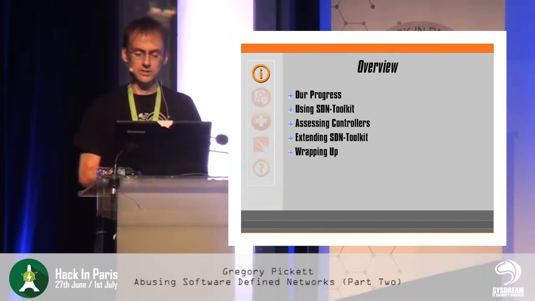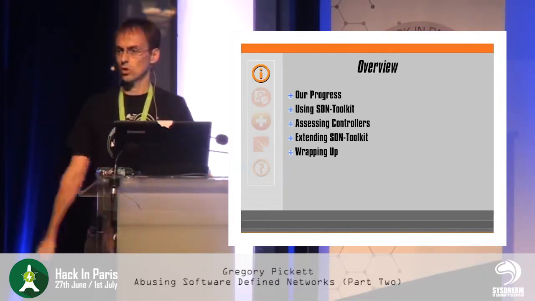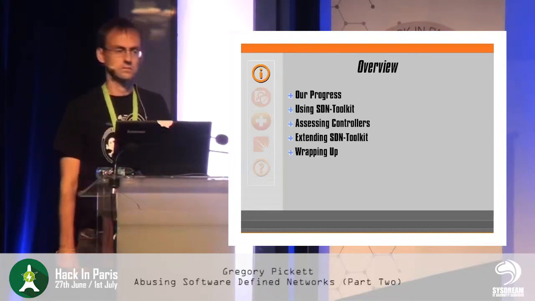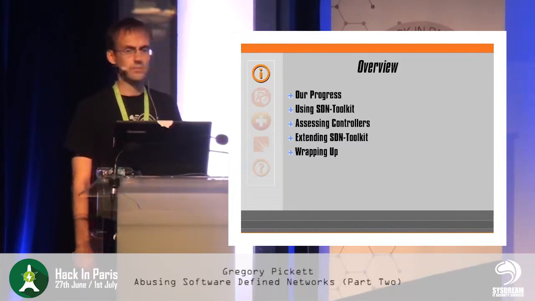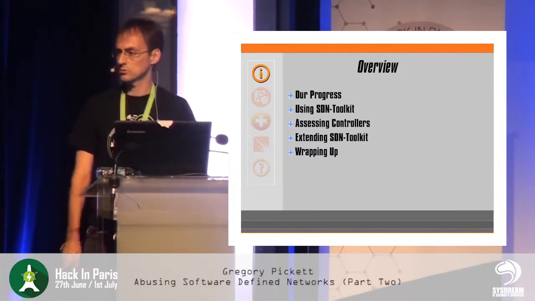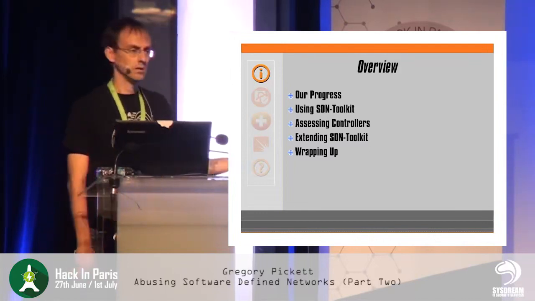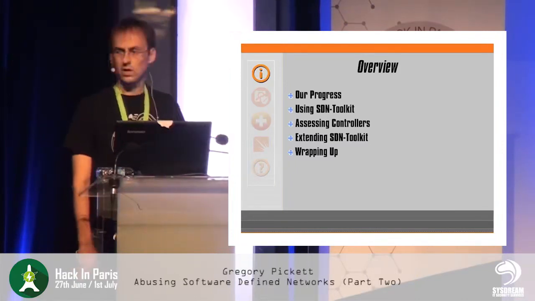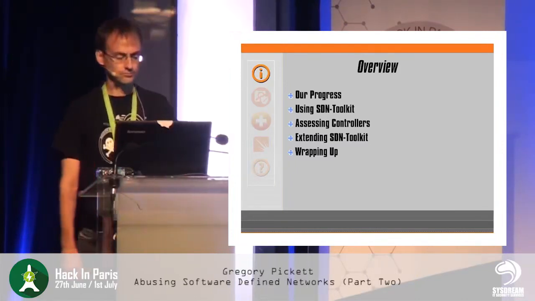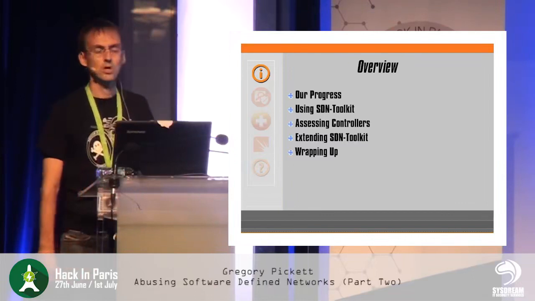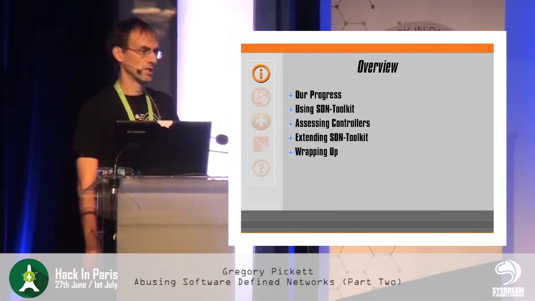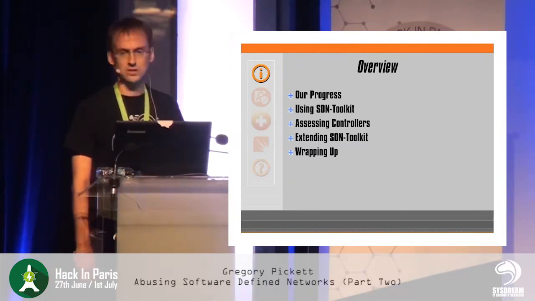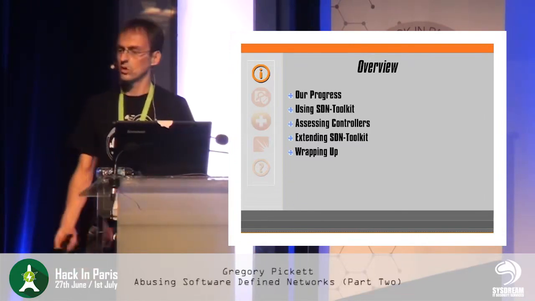After that is extending the SDN toolkit for new versions of existing controllers or entirely new controllers. They keep coming up with new ones. It started out there was just a handful, and now everyone has an SDN controller for some new SDN product. And then we'll wrap up with final thoughts and where to find the toolkit, because this is really about testing SDN networks through the controllers, and so there's a toolkit, of course, to go with it.